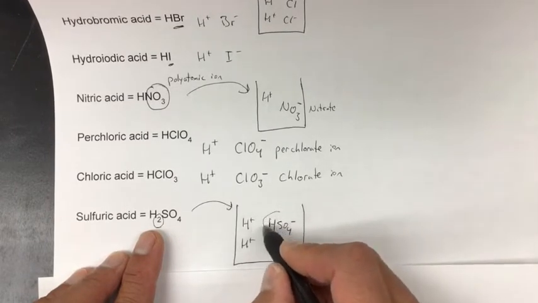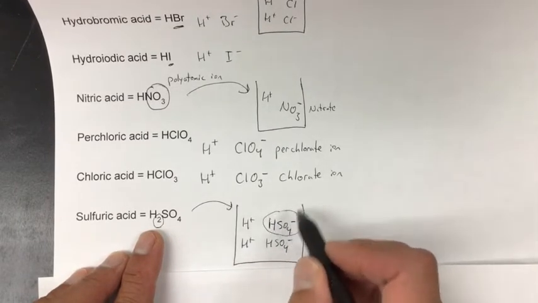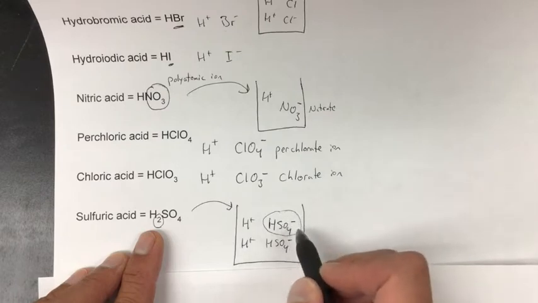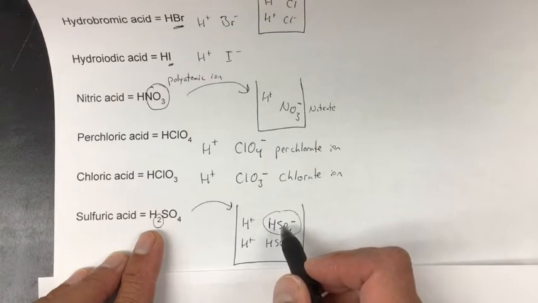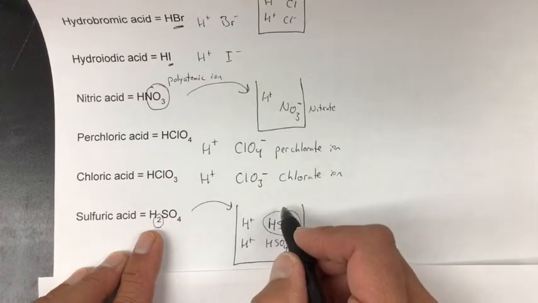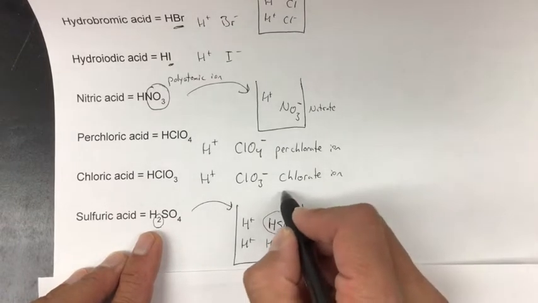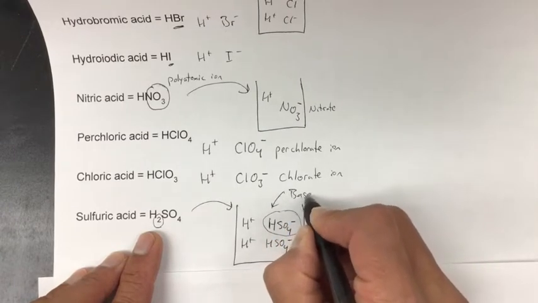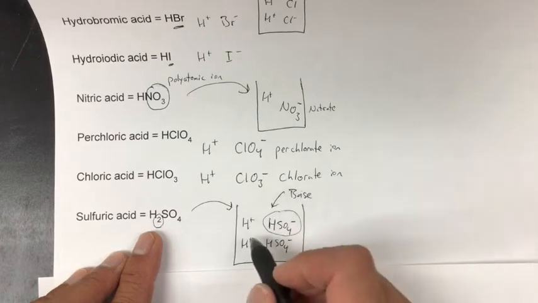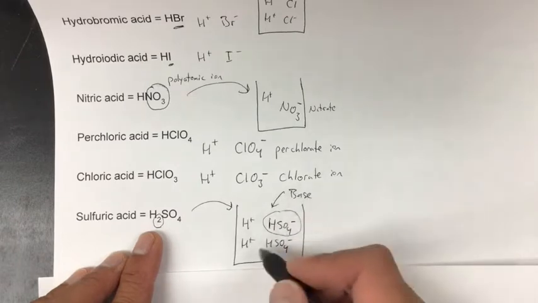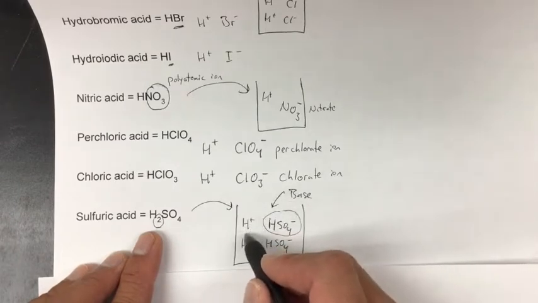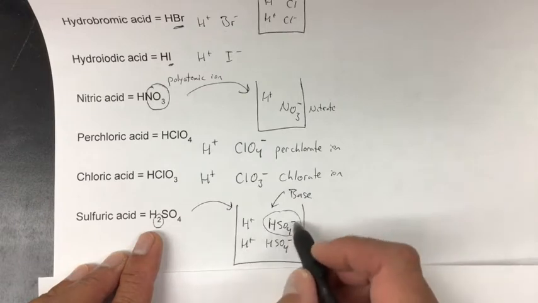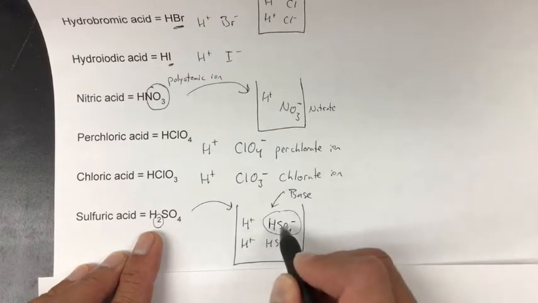And then this thing here actually has the potential to break apart further, but it's not going to break apart unless I start reacting it with something. So if I start adding what we call a base, bases react with acids. If I start adding base, it'll react with the H plus, but then it'll eventually react with the HSO4 negative.